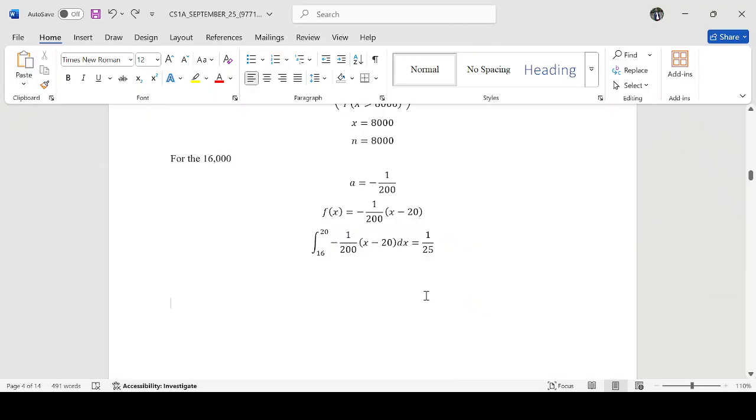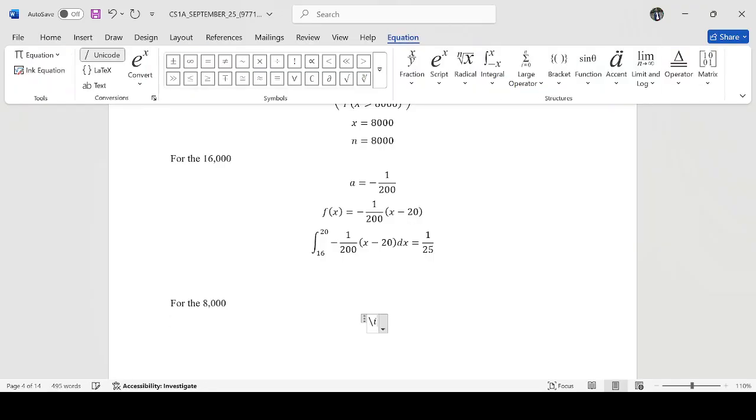The next one is for the 8,000 limit. In the same way, you insert your equation editor, you write int, your lower limit is going to be 8, and your upper limit is going to be 20. Still using the same probability density function, in the bracket you have x minus 20, with respect to dx.